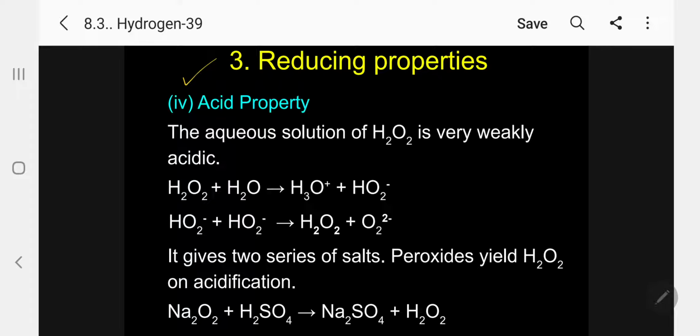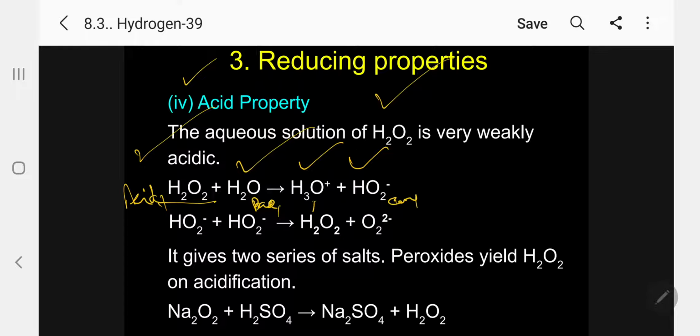Fourth one, acid property. An aqueous solution of hydrogen peroxide is very weakly acidic in nature, so it reacts with water to form H3O plus and HO2 minus ion. So this is acid 1, this is base 1, this is conjugate acid, this is conjugate base.